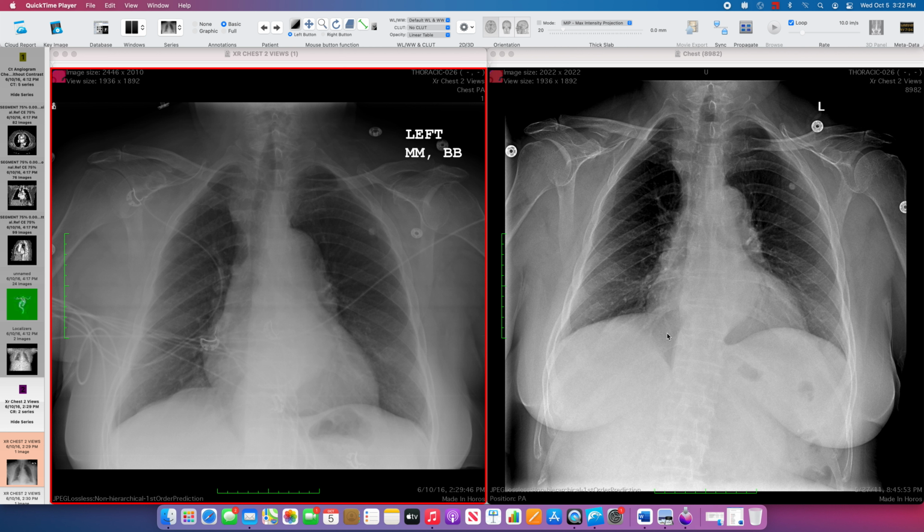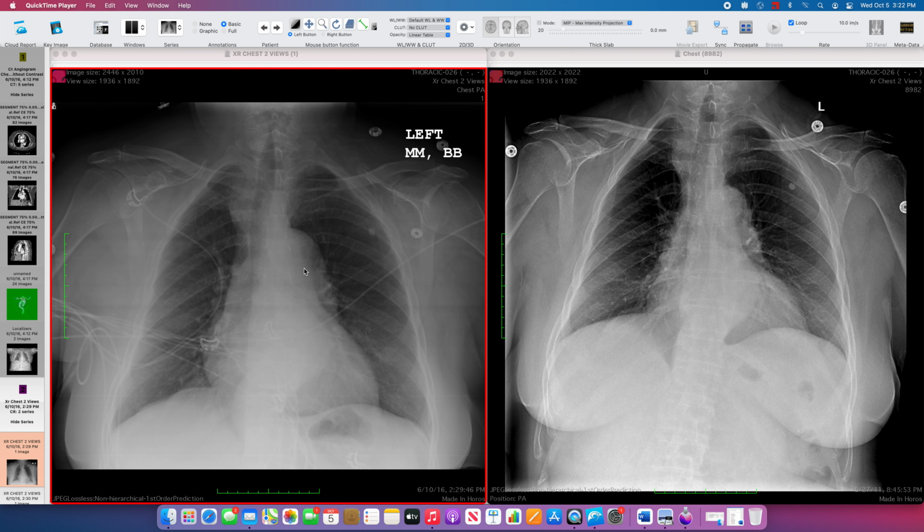So we start with a two-view chest with the prior on the right and the current on the left in this patient that has chest pain. One of the reasons I like this case is because the chest radiograph is not terribly impressive. The prior had a tortuous aorta and some atherosclerotic calcifications.